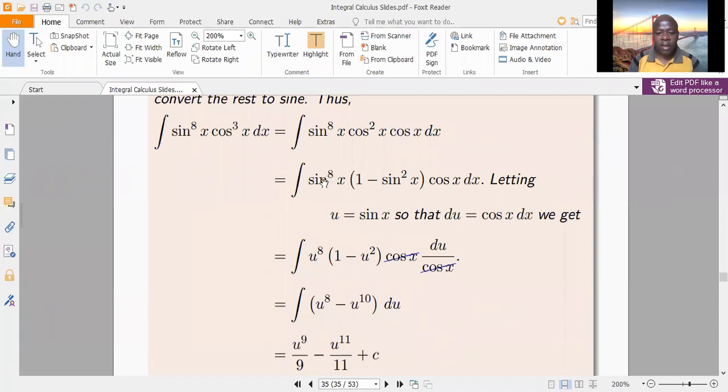While there is sine x, I'm writing u, and while there is dx, I'm writing du out of cos x.